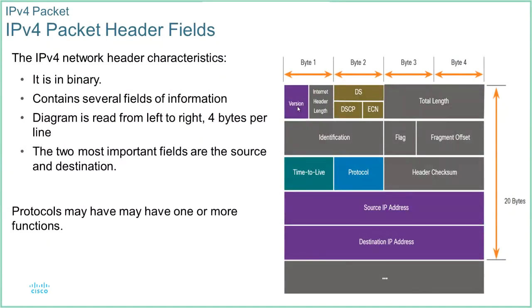So the version tells it what version of protocol it's dealing with. We have, in this section here, our quality of service markers, and the other ones we really need to check is the time to live, confirmation of the protocol that is being transported.